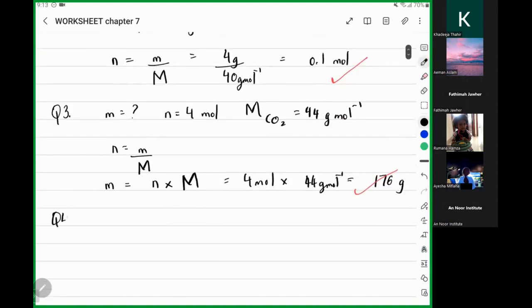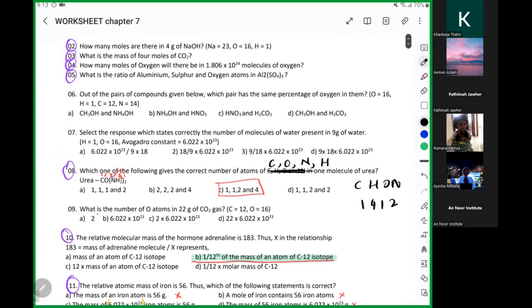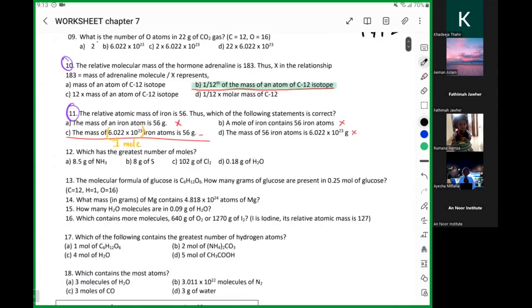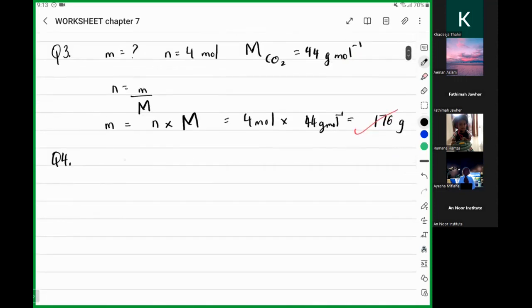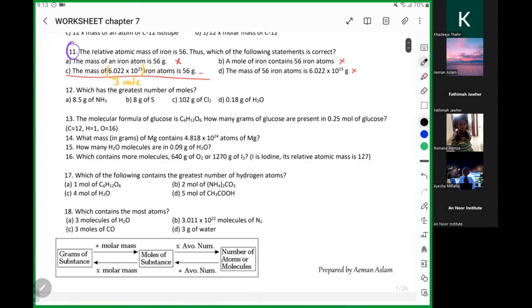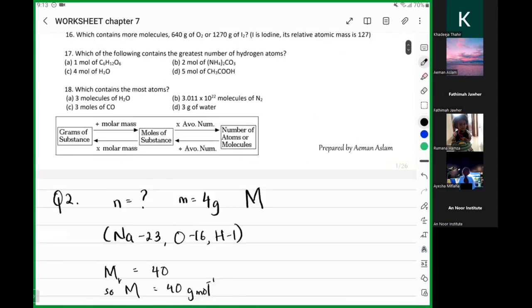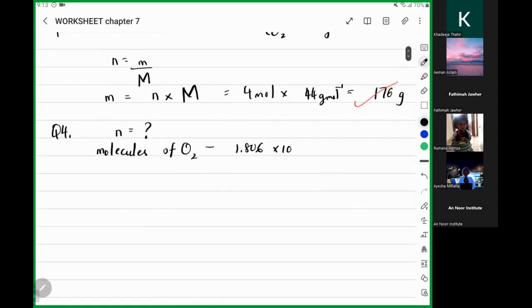Question 4. How many moles of oxygen will there be in 1.806 into 10 to the power 24 molecules of oxygen? This is a little bit different, but again, very easy. What are they asking? How many moles of oxygen? We don't know n, but they have given you the number of molecules of oxygen: 1.806 into 10 to the power 24 molecules of oxygen.